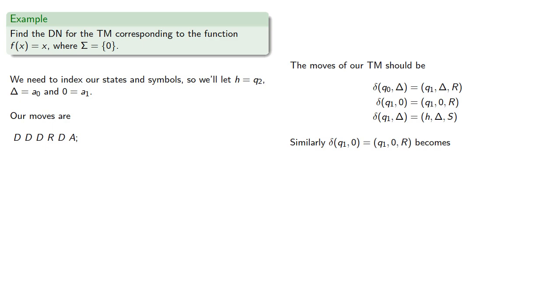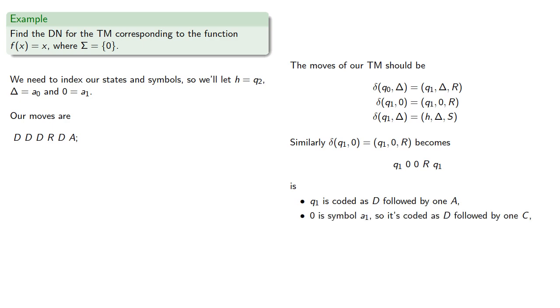Similarly, our second move, start in state Q1, read a 0, print a 0, move right, and then stay in state Q1. And so that'll be Q1 coded as D followed by 1 A, 0, that's symbol A1, so it's coded as a D followed by a C, and again, R is R, and Q1 is DA.